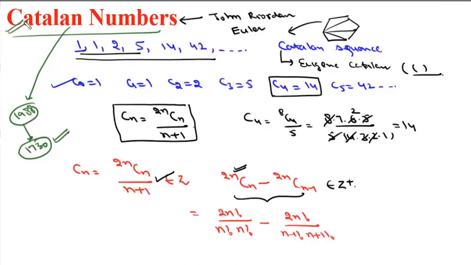Now let us take up an example. Suppose we consider a sequence A1, A2, A3 up to A2n of 2n terms formed by n copies of plus ones and n copies of minus ones.